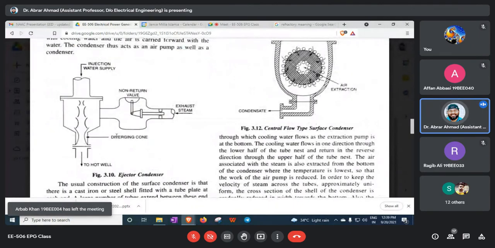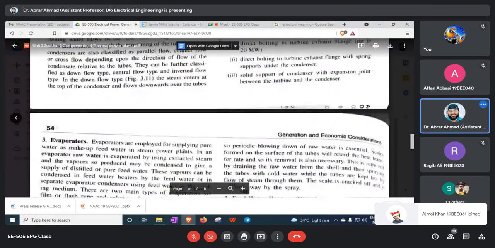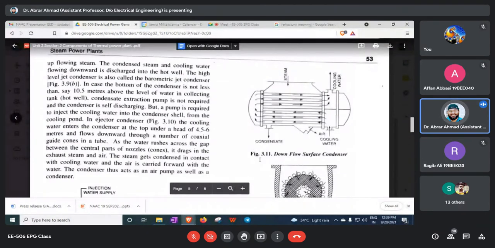Another figure is the ejector condenser: exhaust steam, non-return valve, injection of water supply, diverging cone, and then to the hot well. And then we have the downflow surface condenser.